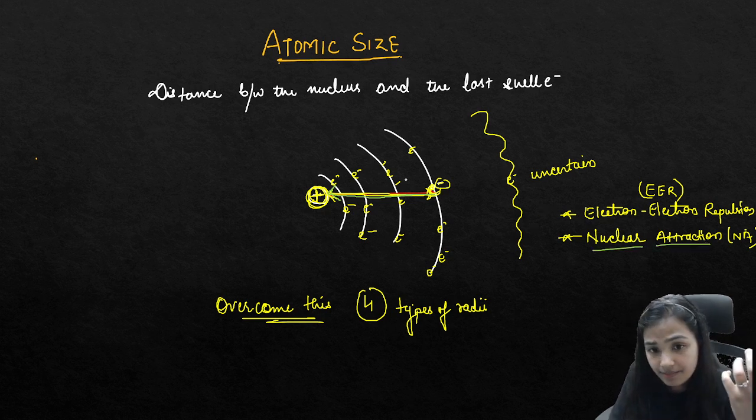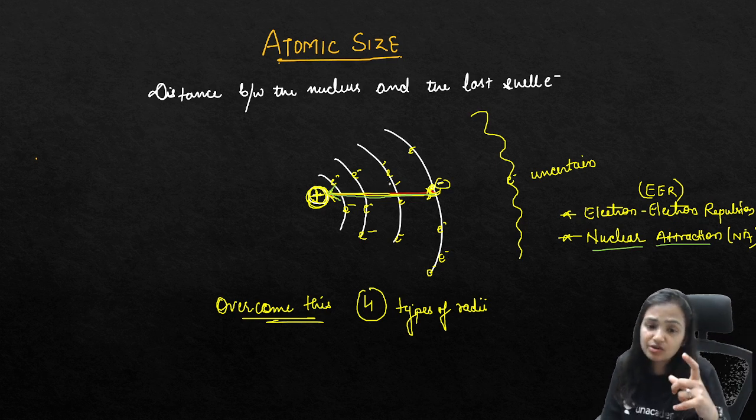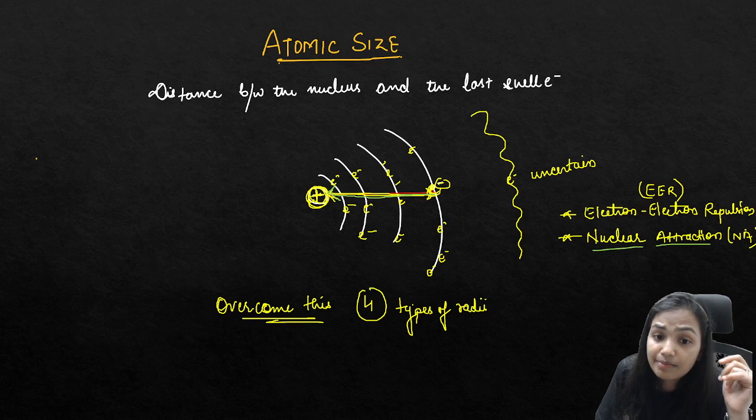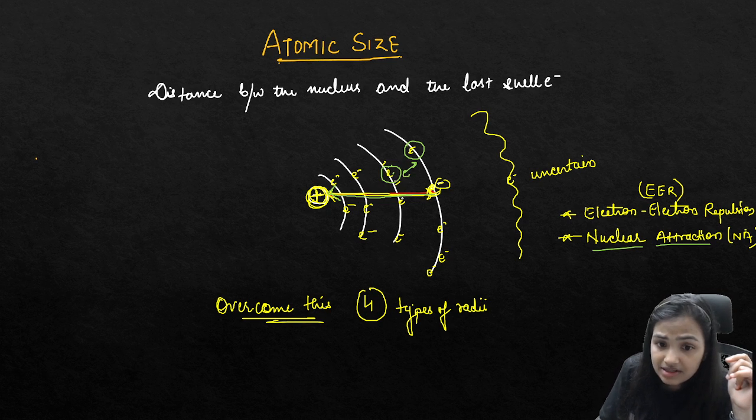At the same time, the electrons present within a shell or between different shells repel. Why do they repel? Because they are like charges. This electron and this electron can repel, and this electron in the same shell can also repel.